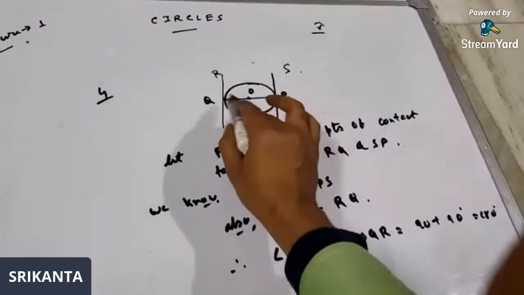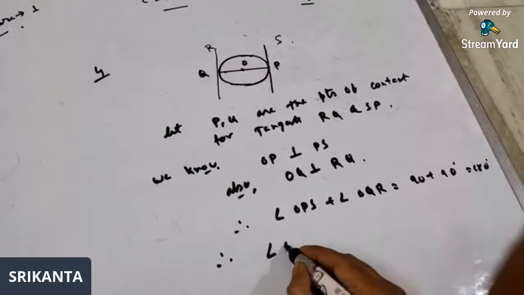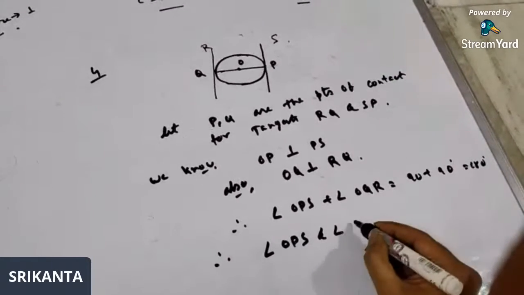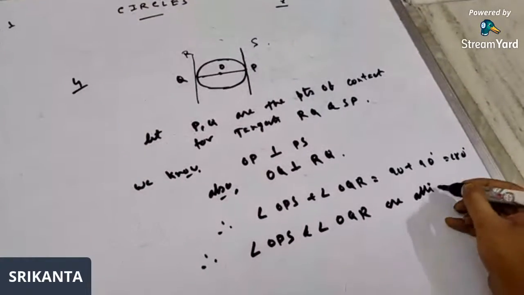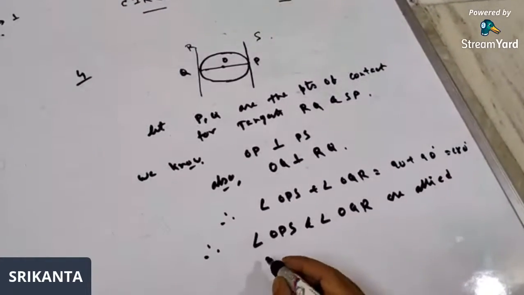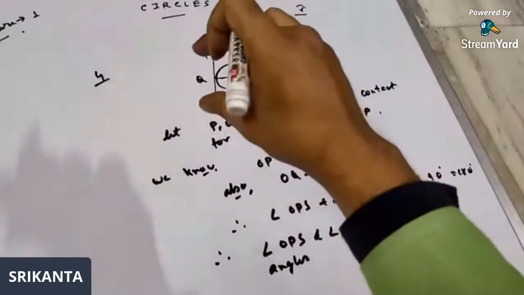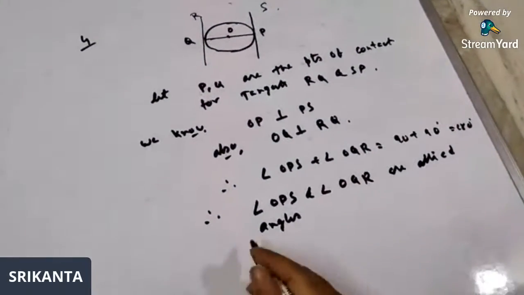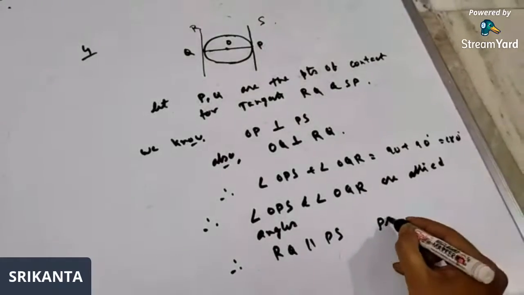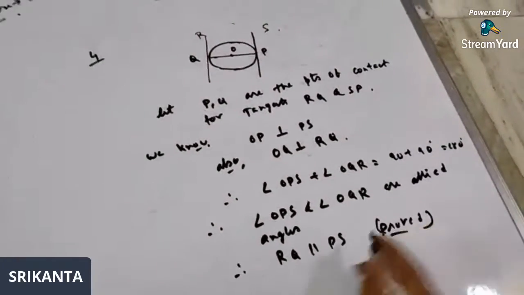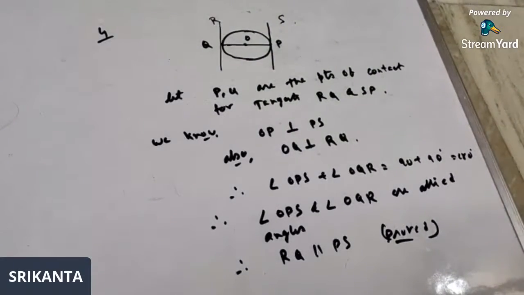Now the sum of these angles becomes 180. That means they are allied angles. Therefore angle OPS and angle OQR are allied or cointerior angles. These angles can be allied angles only when RQ and PS are parallel. Hence RQ parallel to PS, proved. Clear? So the proof is quite easy.